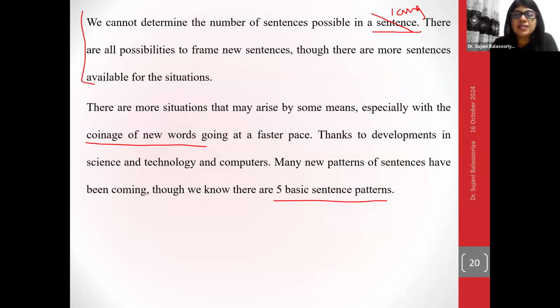How many sentence patterns do you know? More than 5, right? We know more than 5 sentence patterns, but basically we say there are 5 patterns. But these 5 basic patterns can be amended according to the requirements arising from our new needs, our necessities.